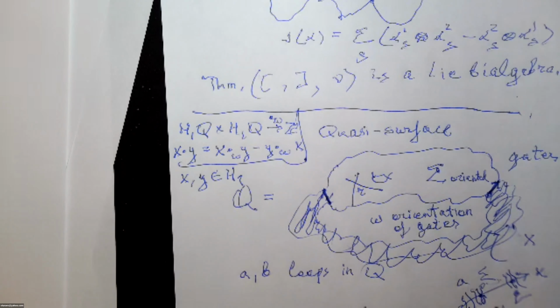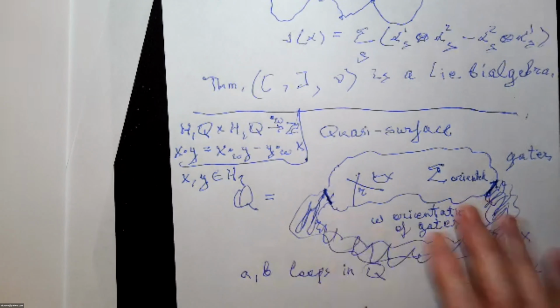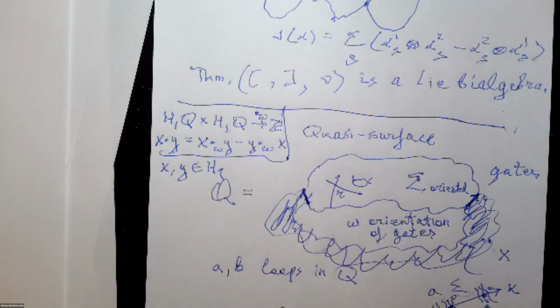Now, in the case when there is no bad part, so we just have the surface only, we get twice the usual homological intersection. So this thing generalizes the usual homological intersection for quasi-surfaces.